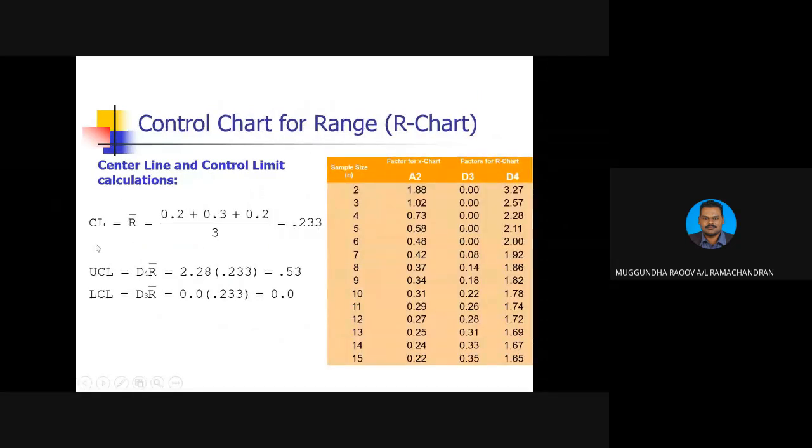The upper control limit and lower control limit are D4R and D3R. Again, the R value is 0.233. Your D4 value for n equals 4 is 2.28, and your D3 value is 0. So your lower control limit starts from 0 and your upper control limit is 0.53. Okay class, any questions so far?